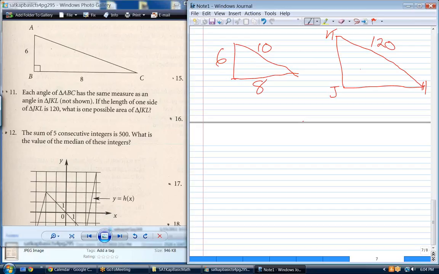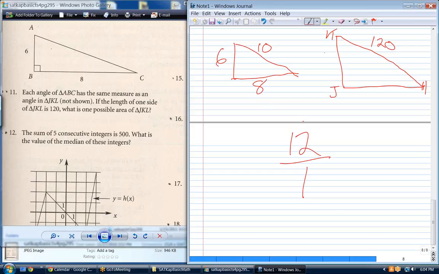What's the scale factor per side, this one to this one? What's the scale factor of the triangle on the right to the triangle on the left? How much bigger is it? 10 to 120. Right? 12 to 1. So every side of this triangle has to be 12 times this side.